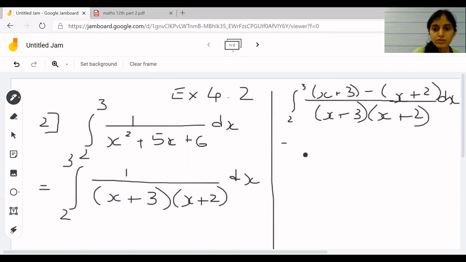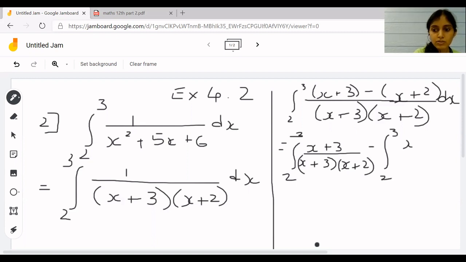This is equal to integral 2 to 3. I'm now going to separate the integration as well. So this will be x plus 3 upon x plus 3 into x plus 2 minus integral 2 to 3 x plus 2 upon x plus 3 and x plus 2, and don't forget the dx, very important.